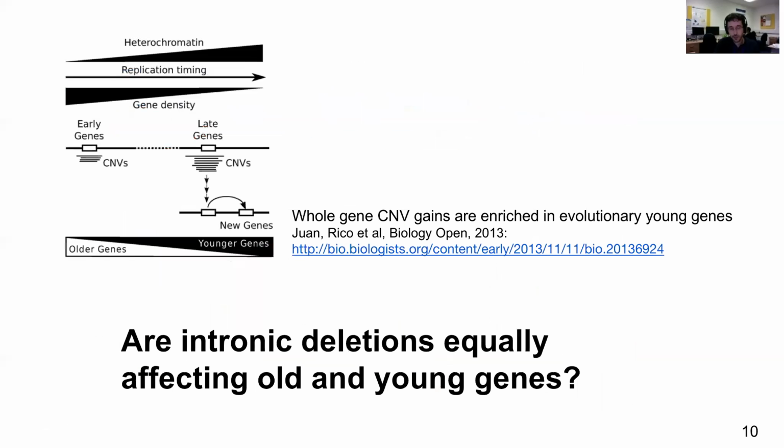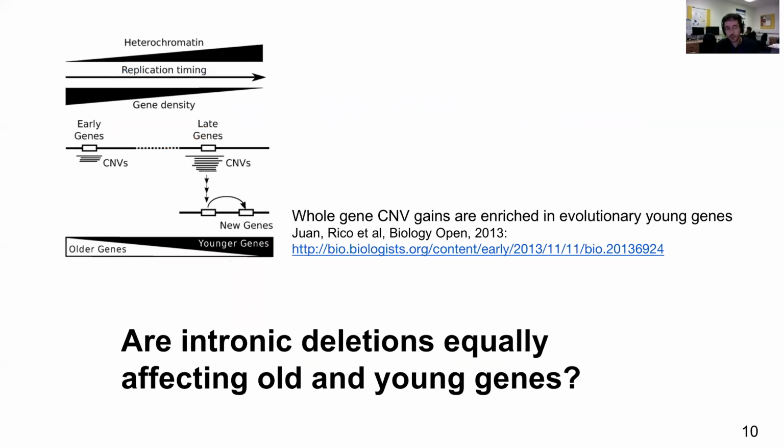So in a previous work published in 2013, we observed that whole gene CNV gains tend to be significantly enriched in evolutionary young genes, where we also correlated the data with DNA replication, and we found that late replicated regions tend to accumulate evolutionary young genes that tend to be, in turn, copy number variable in the population.